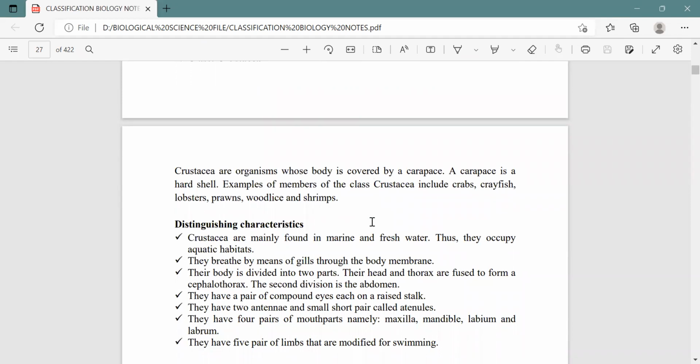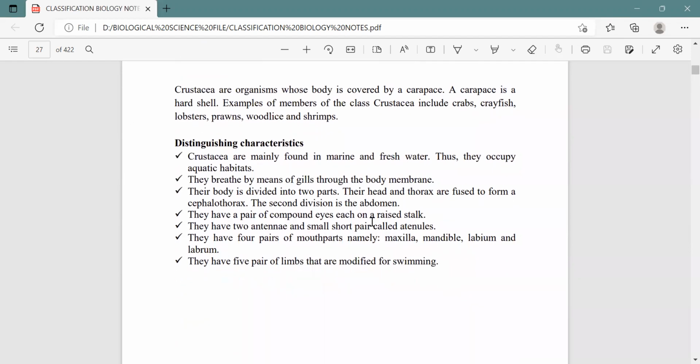So the crustaceans, you need to know examples. The crayfish, the woodlice, the lobsters are crustaceans, and those are their characteristics. You'll find they are aquatic, both in marine and in fresh water. They have gills for breathing through the membrane. They have 2 body parts, not 3 body parts.